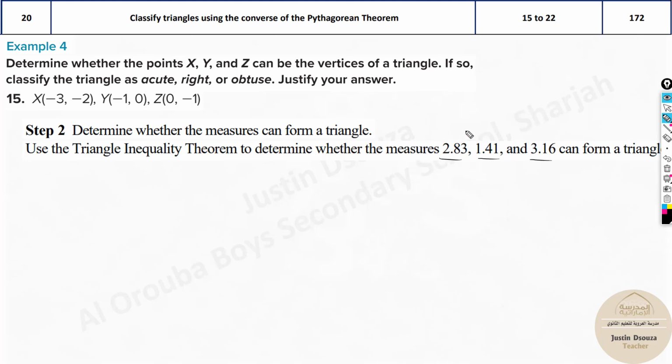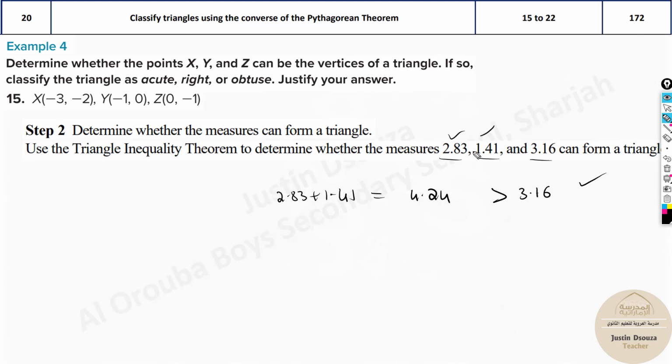Now, what it means is choose any two sides, this and this. Add them: 2.83 plus 1.41. What is the value? It is 4.24, approximately. This is greater than 3.16, the other side. Yes, this is true.